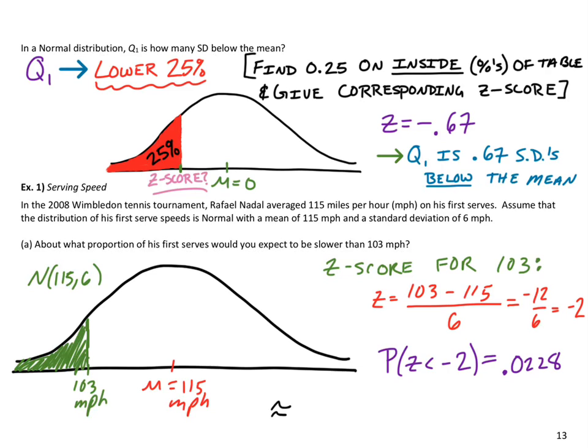Exactly. So I'm going to say about 2.28% of serves below 103. Yeah, that's how you answer in context. What does it mean in terms of the problem?